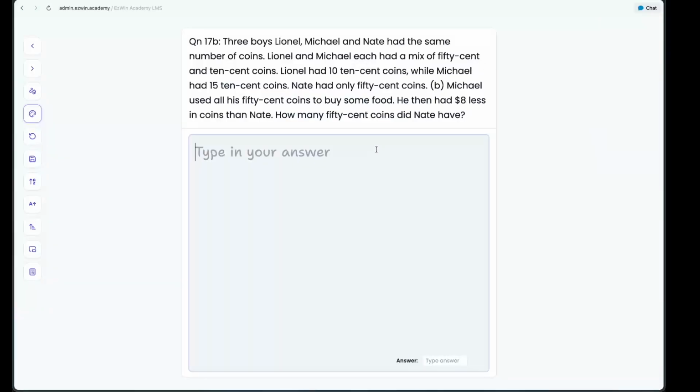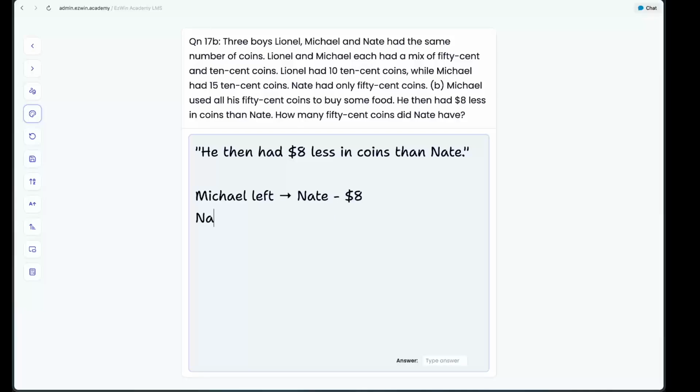Alright, to solve this, we need to know how much Nate has. From the question, he then had $8 less in coins than Nate. So that means Michael's amount left is basically Nate's minus $8. So Nate's total in terms of value is equal to how much Michael has left plus $8.